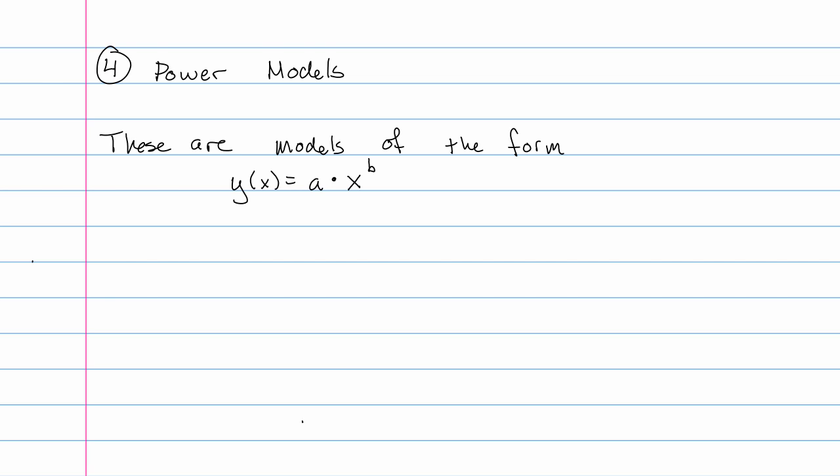The two numbers that describe this model are the a and the b here. And one thing to note is that that b, that exponent, is allowed to be any number.